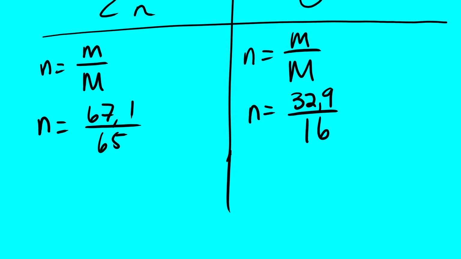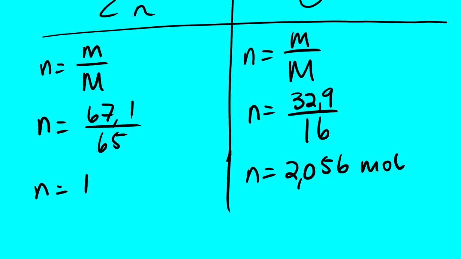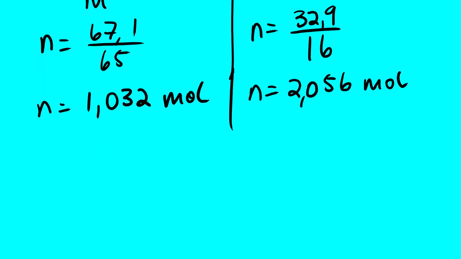Let us quickly punch this. We have 2.056 mole, and then here we have 67.1 divided by 65. The answer should be 1.032 mole.